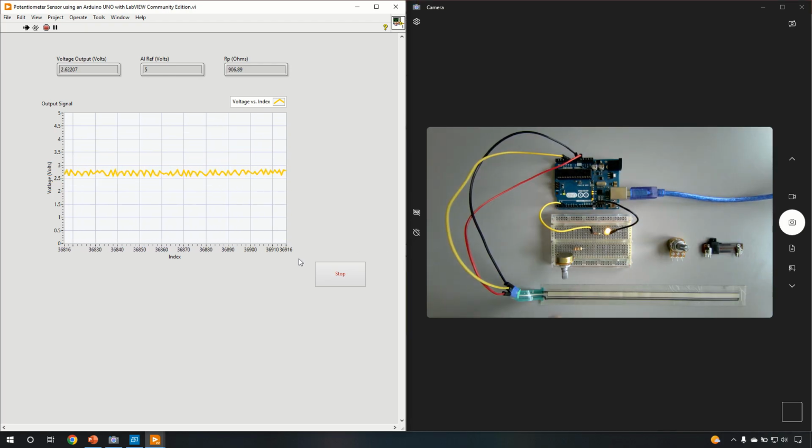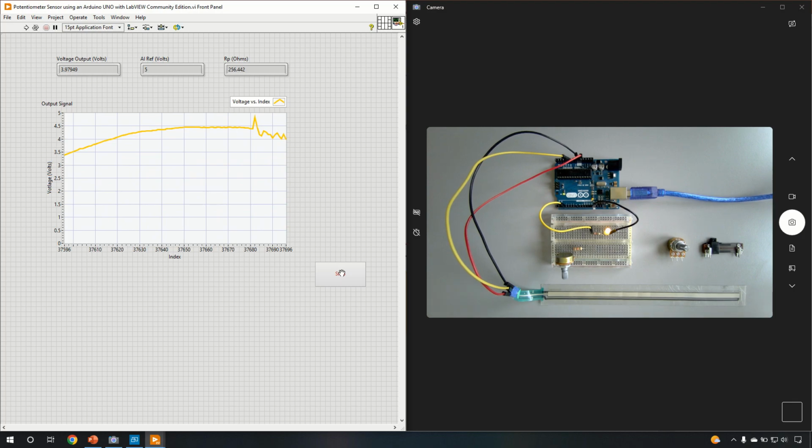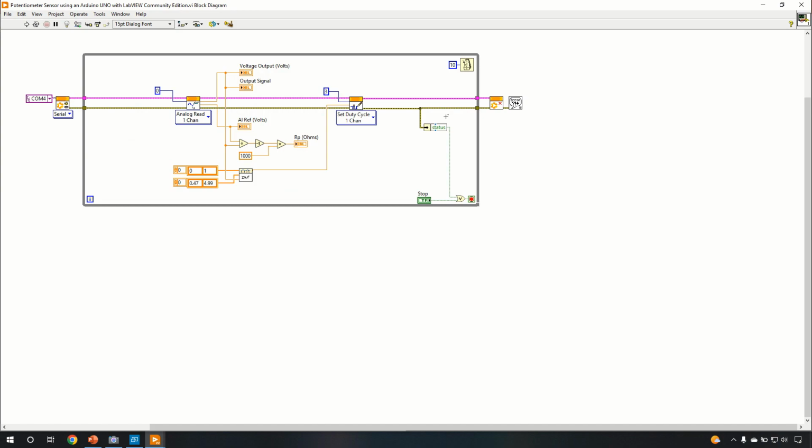There's one more thing here, which is related to the LED. Once we turn off our code, we will see that the LED doesn't turn off completely, which means that we didn't set the duty cycle to 0 after we exit the while loop. So remember, what we need to do is to again have a block for the duty cycle outside the while loop to just set the duty cycle to 0 after we exit the while loop.